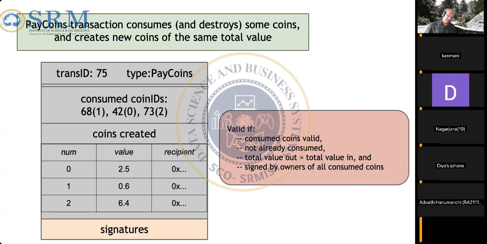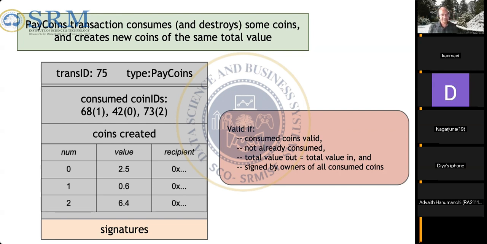But when you transfer coins, we have inputs, the coin IDs. 68.1 is the second coin in transaction 68, because 1 indicates the second coin. Similarly, 42.0 is the first coin from transaction ID 42. So we have a series of coins as inputs, and we are spending or destroying them.